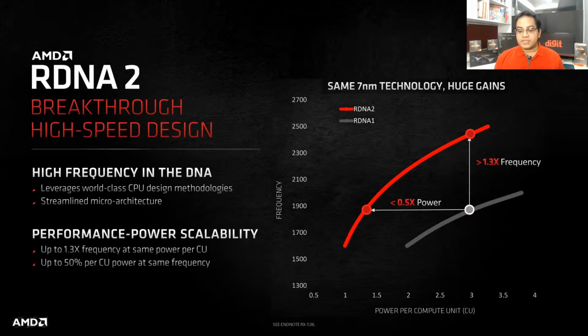The RDNA 2 GPUs are all designed on the same 7nm process that RDNA 1 was designed with. Over time, AMD has streamlined the microarchitecture to improve upon the power efficiency and also the clock frequency. On the right, we have a graph which charts the frequency of the GPU against the power levels consumed per compute unit.